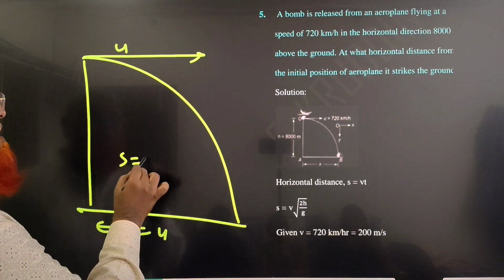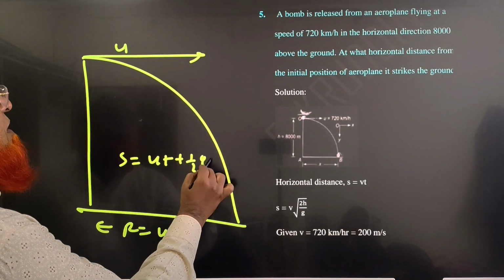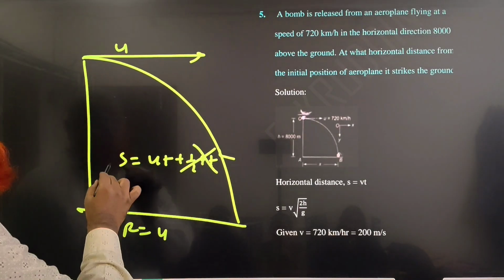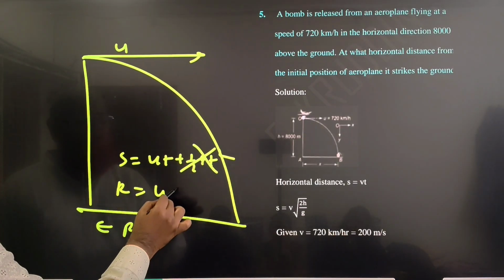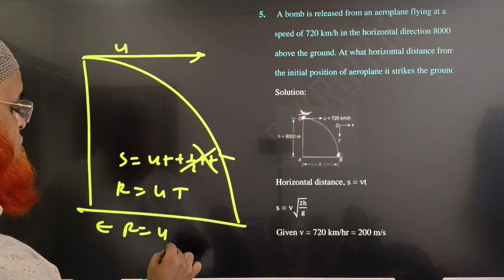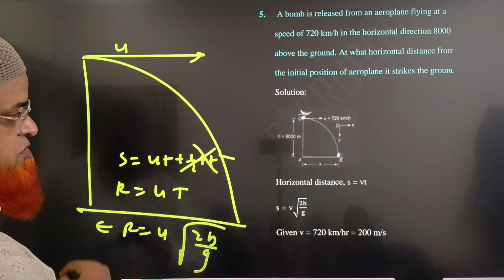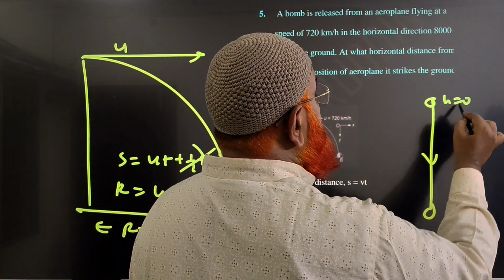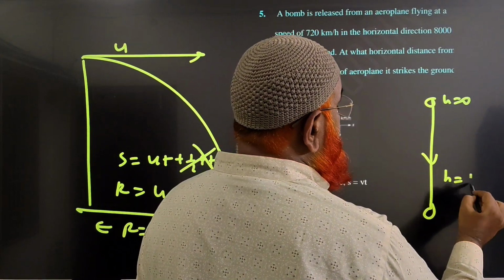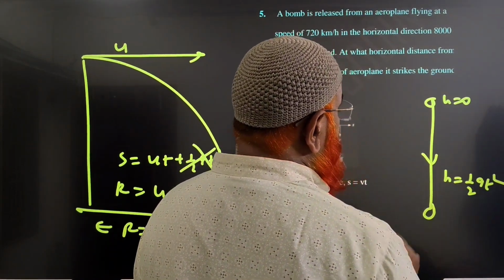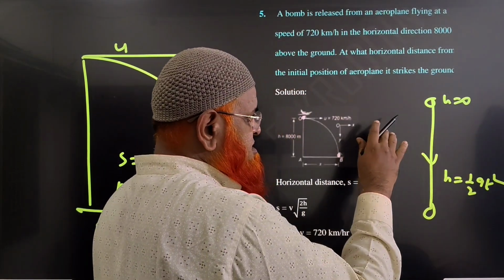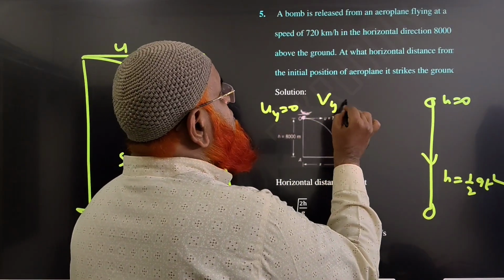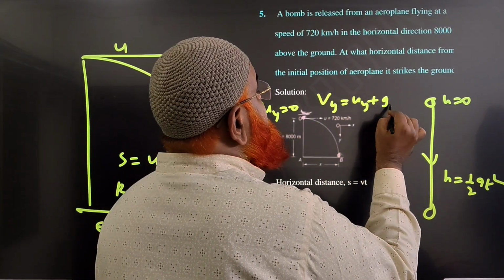So what is our general formula? S is equal to ut plus half gt square. G will not be there horizontally, so s will become R. U is u only. T is nothing but the time of flight here. So time of flight is how much? Square root of 2h by g. Why? Because whenever you drop any body downward, the initial velocity is going to be 0. H is going to be half gt square. Either you drop like this or you drop like this. So uy is going to be 0, because vy is equal to uy plus gy into t.